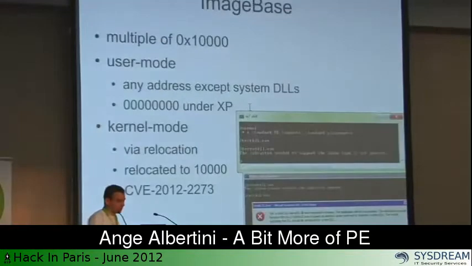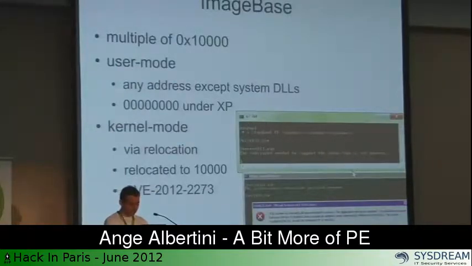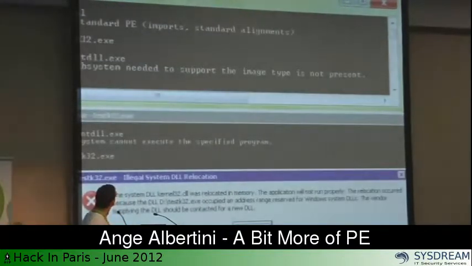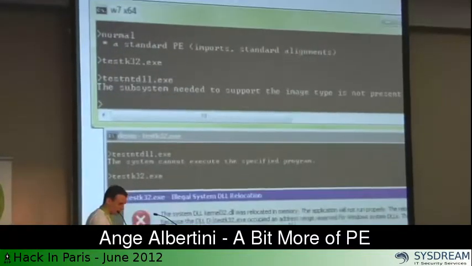So image-based is pretty standard. Must be a multiple of 10K. One funny thing is that with the error message, you cannot collide with the system DLLs. And if you see, it's a bit blurry, the error messages are completely different depending on the OS.